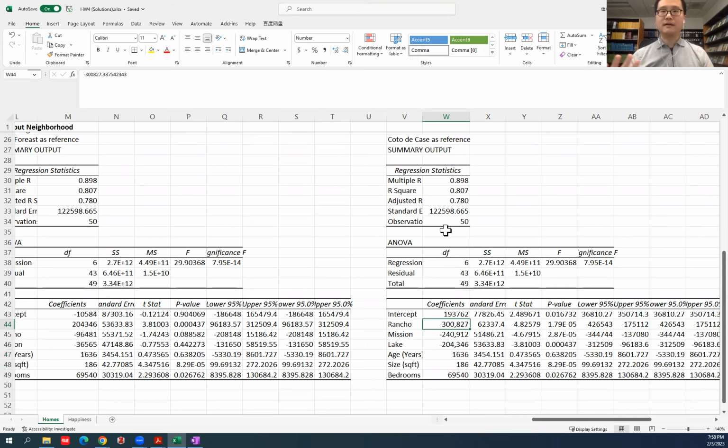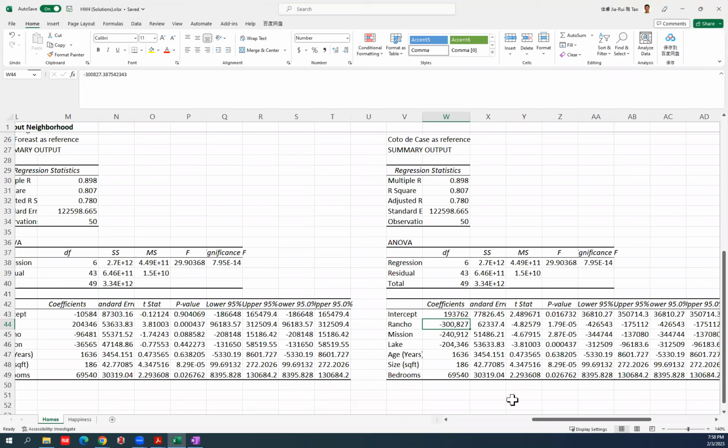So it'd be valued somewhere around $200,000. So the coefficient lets us compare a house in Rancho Santa Margarita to one in the reference category, Cota de Casa.